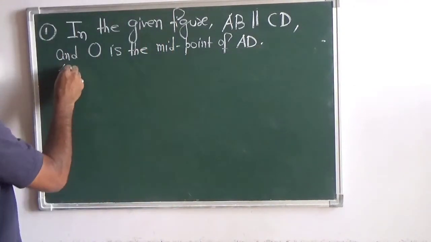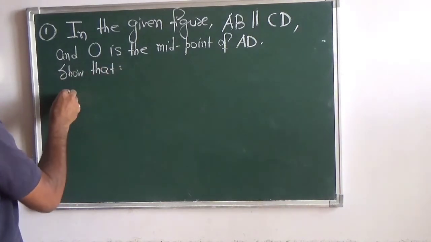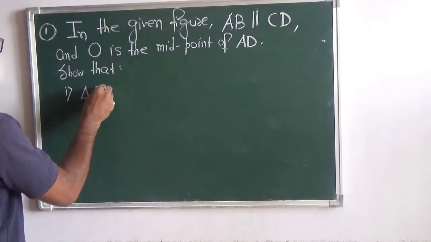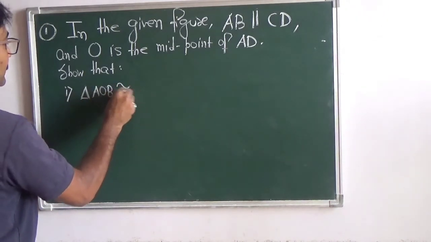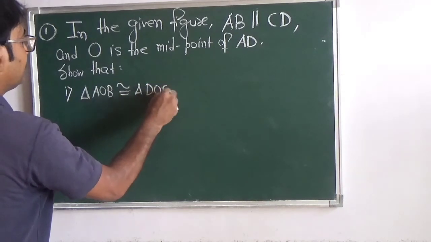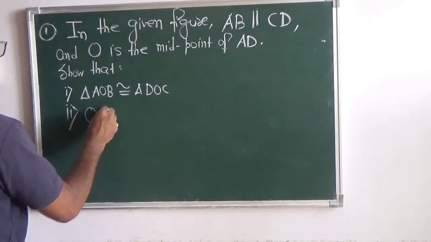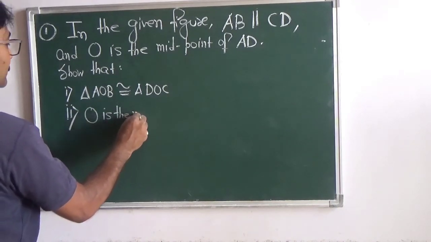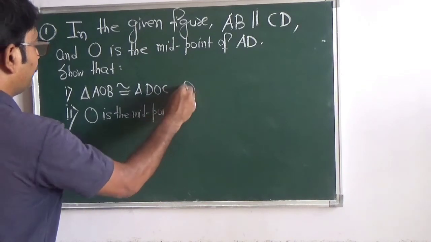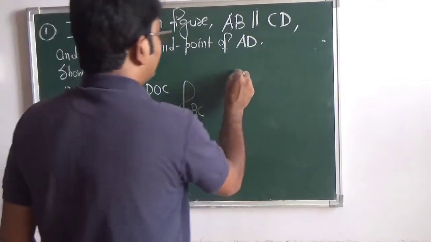So that number 1, triangle AOB is congruent to triangle DOC, and the second part, O is the midpoint of BC. So let us draw the diagram here.